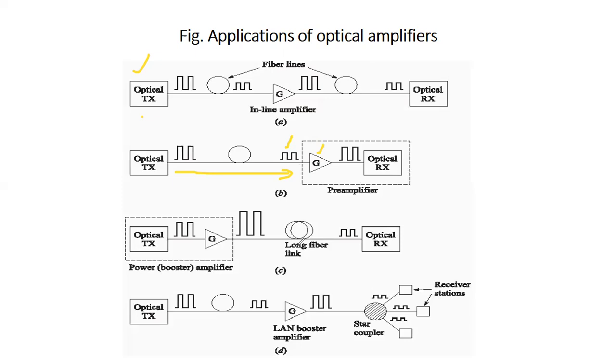In the third application, you can see this optical amplifier is used after the optical transmitter. As the signal is transmitted via the optical transmitter, you get this optical signal, and this optical signal is amplified using the optical amplifier.